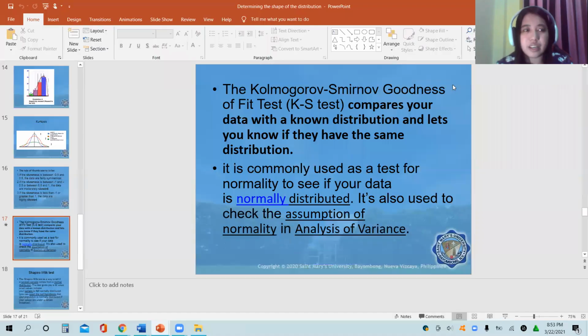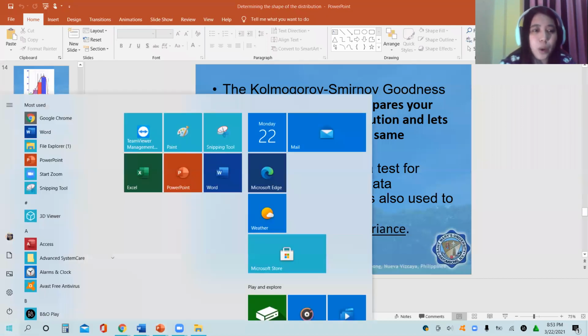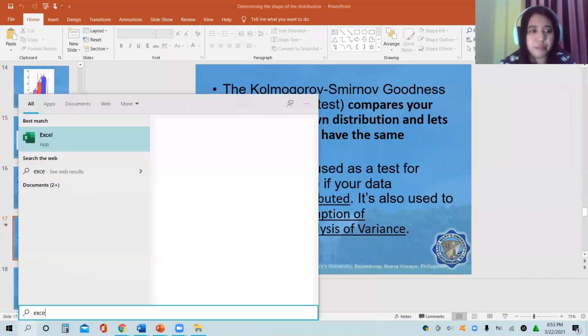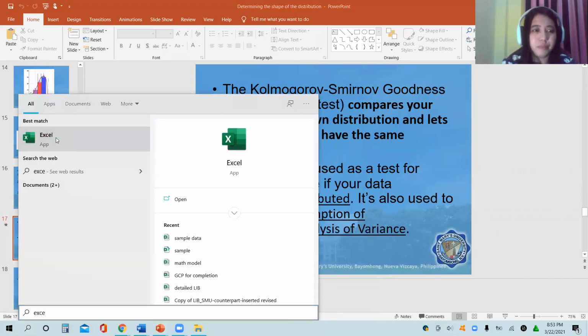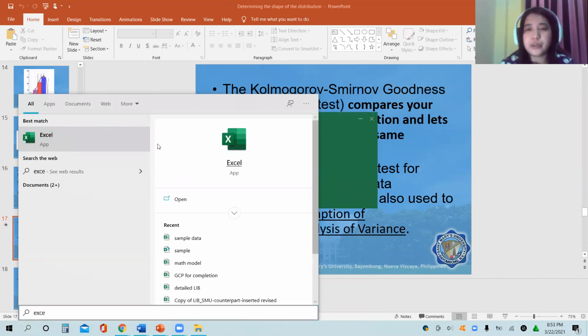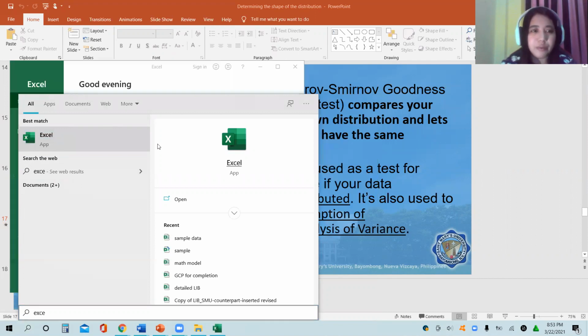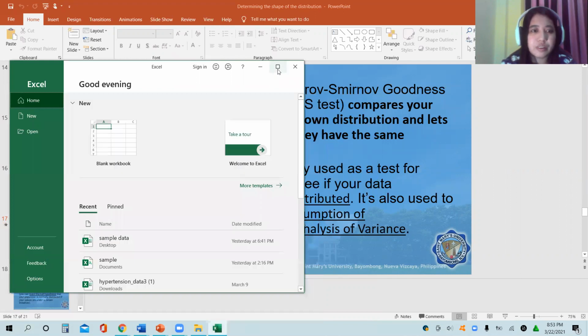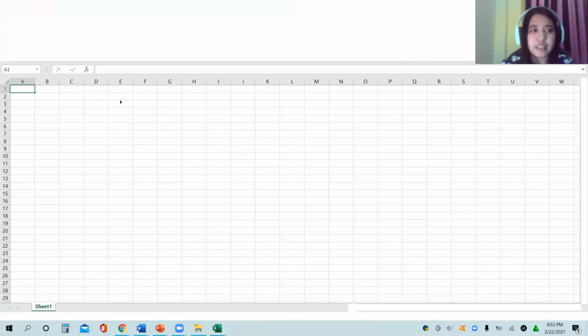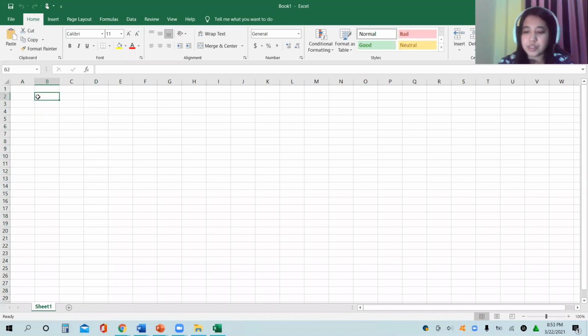Okay, so let us show that using Microsoft Excel. How to do that using Microsoft Excel? We will use dummy data here. Let's say, for instance, the following are the scores of the students.